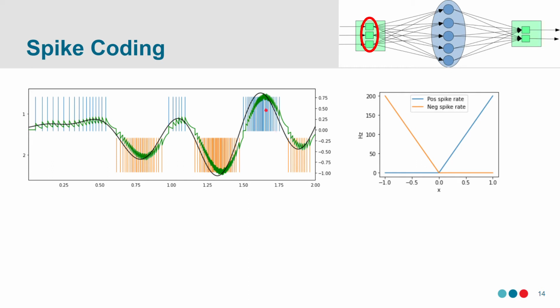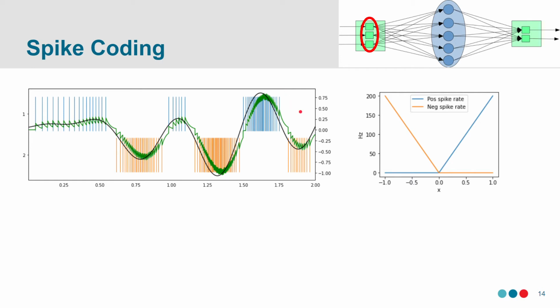If I want to represent input values between -1 and 1, then an input value of 0 would mean no spikes at all on either side. An input of 1 would mean lots and lots of spikes from one side, not from the other. An input of -1 would be lots and lots of spikes on the other neuron, but not the first.